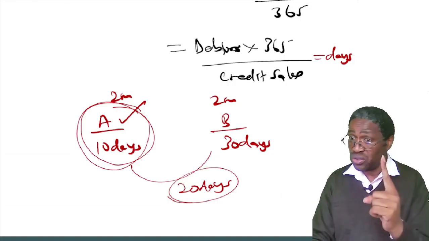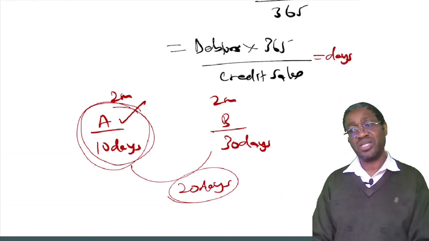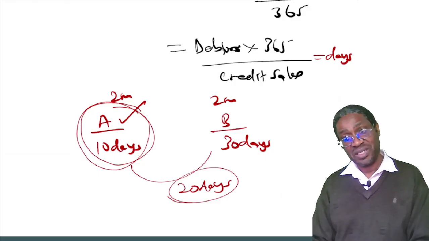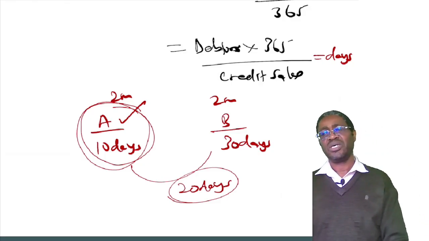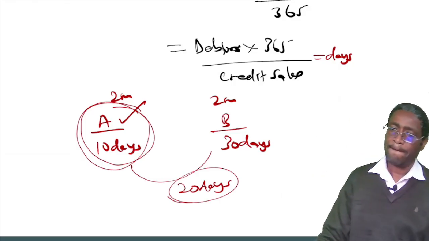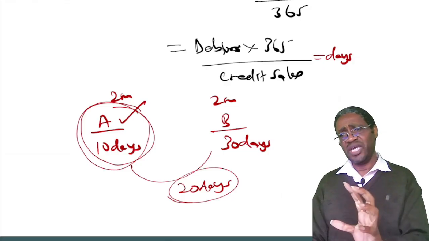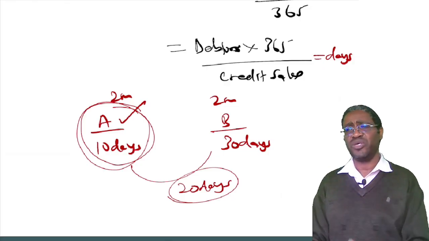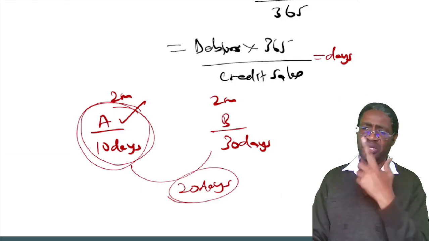That's one reason why we say the shorter the period, the better the firm. Another reason is this. Company A gives its customers 10 days to pay. Company B gives their customers 30 days to pay them.